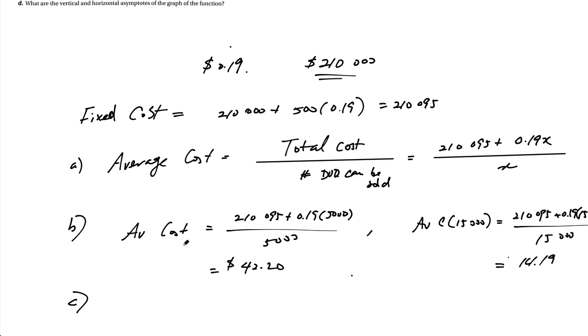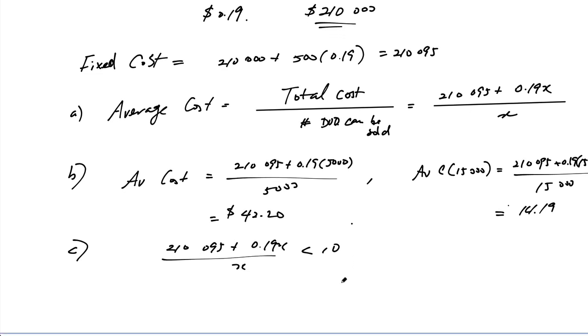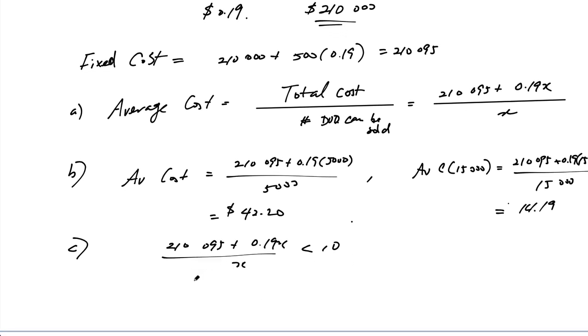How many discs must be produced to bring the average cost under $10? Now you want it to be under $10. So (0.95 + 0.19x) over x is less than 10. You can multiply both sides by x, and you get 10x.